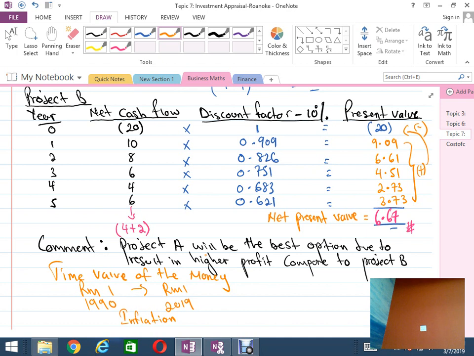So remember guys, if you want to get a negative answer, you must make the discount factor go higher. If you want the NPV to get a positive answer, you must make the discount factor go lower. Remember that. Please put a note somewhere.